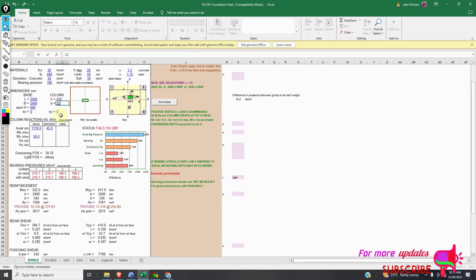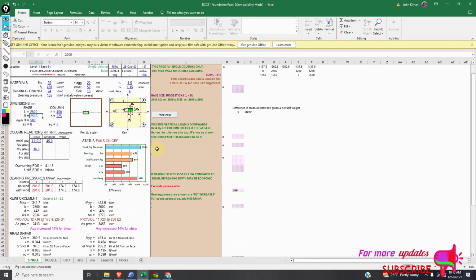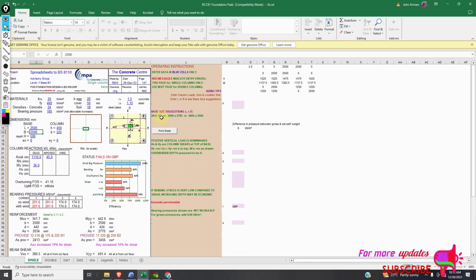Then here is 2.5. Here is 500. Now go beyond 500. Let's say 25. So you can see the suggested size here is we can use 2650 square.